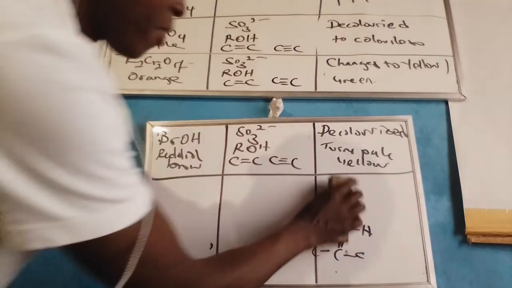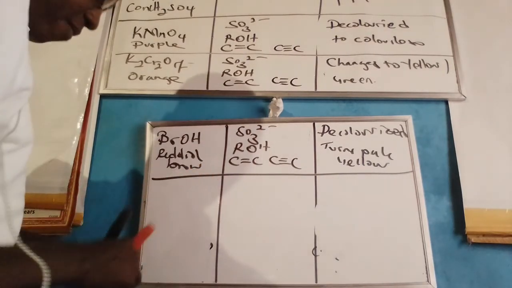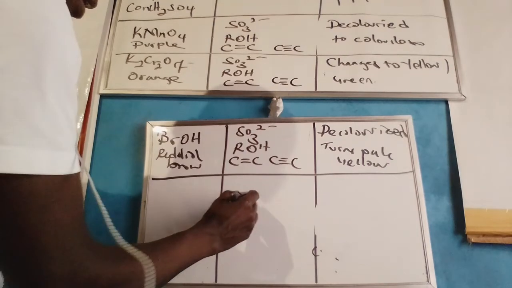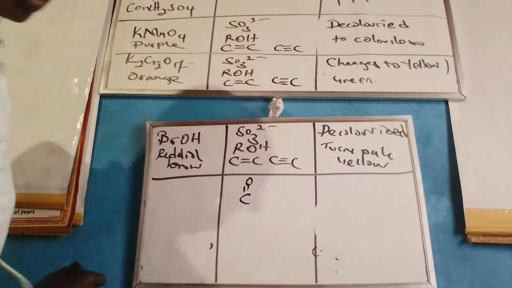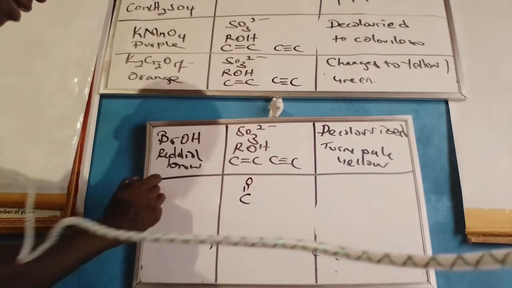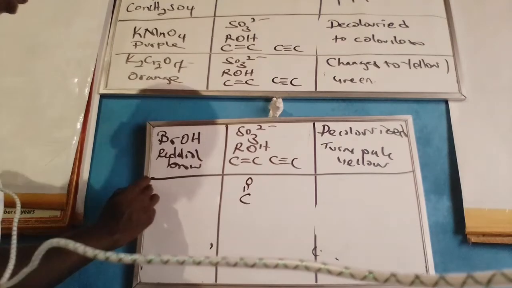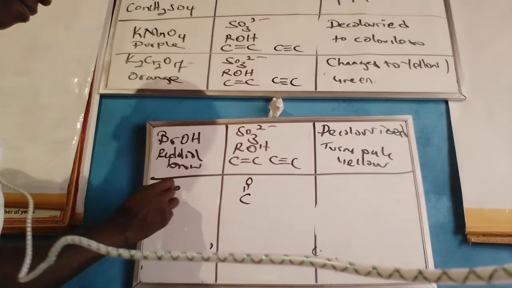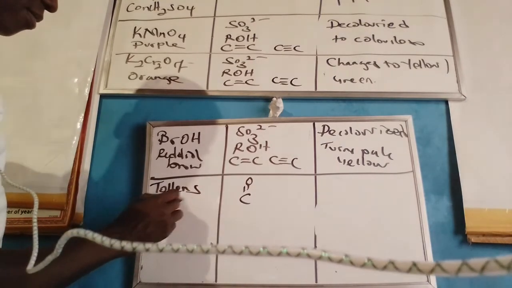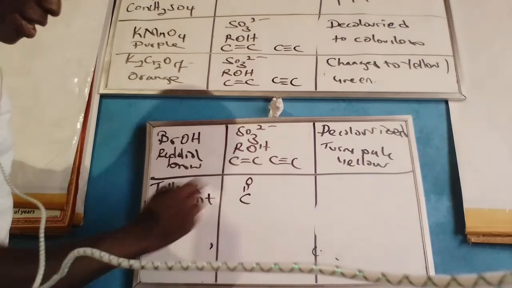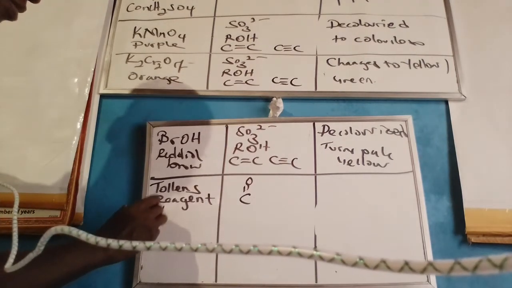So to test for carbonyls, as we are going to see, we are going to use three principal tests. If you allow me, I represent the carbonyl here. So we may use what is known as the Tollens reagent, and the Tollens reagent in this case is silver nitrate.